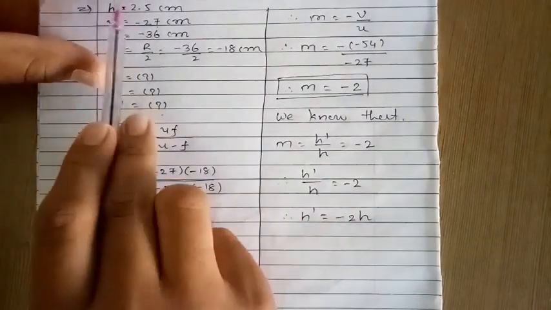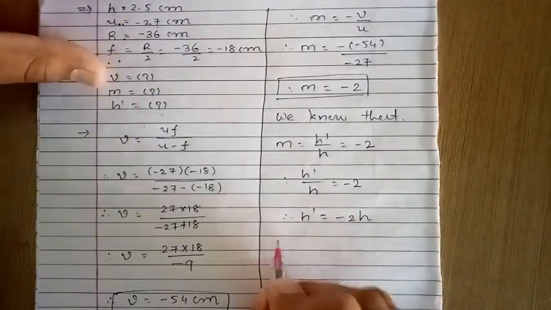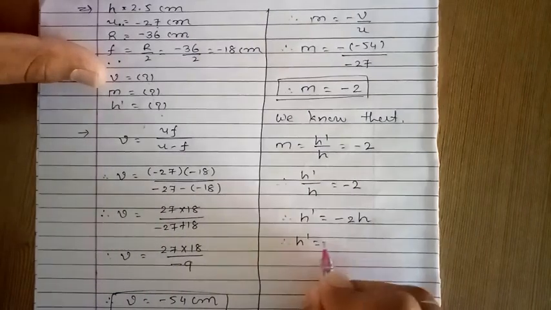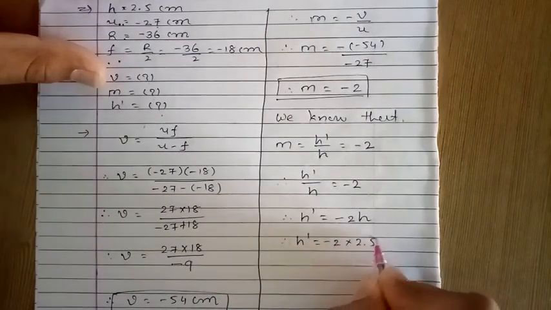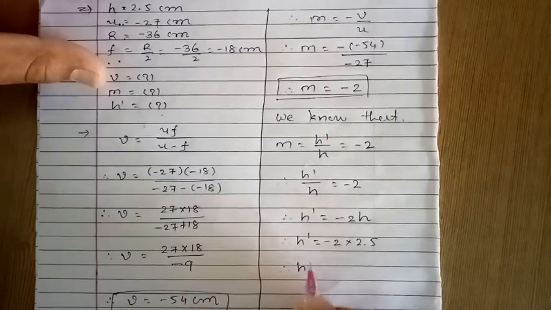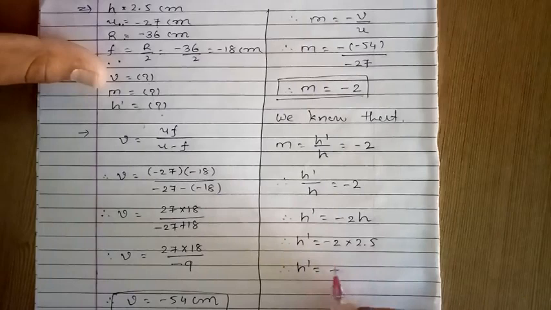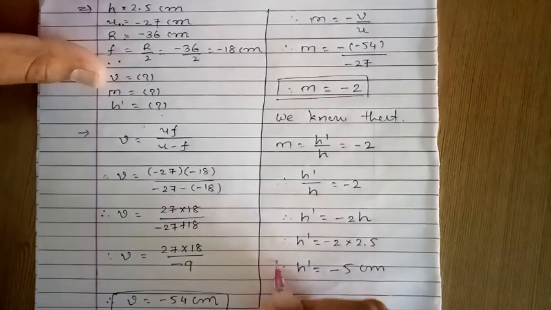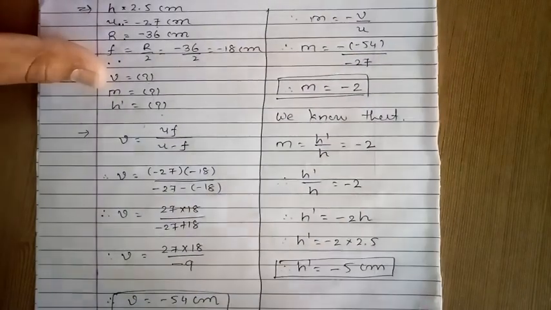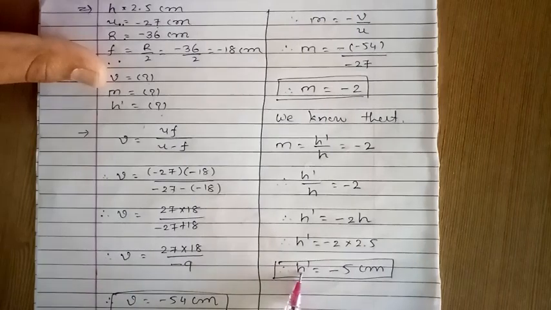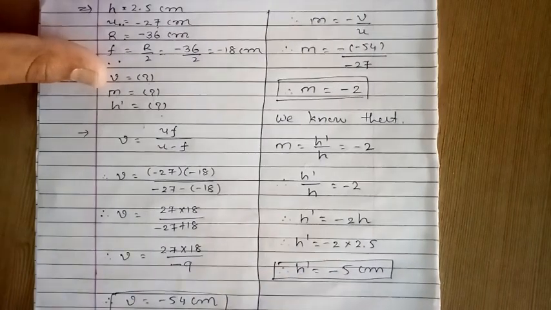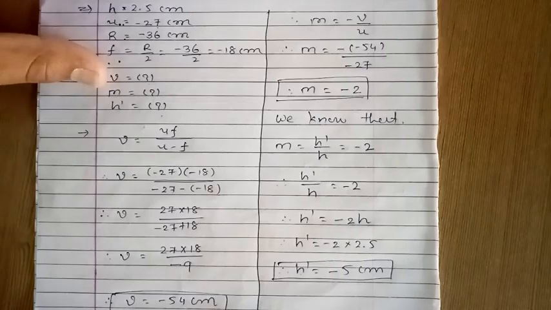We know the value of H, 2.5 centimeter. So H dash is equal to minus 2 into 2.5. So we get H dash is equal to minus 5 centimeter, right? Here we get H dash minus 5. So we can say that the image is inverted, right?